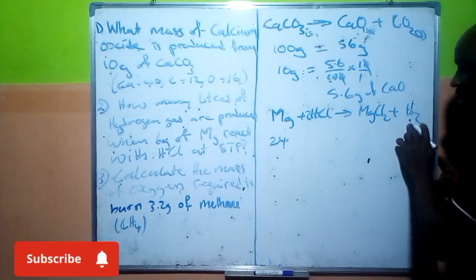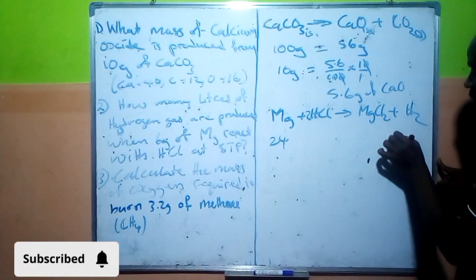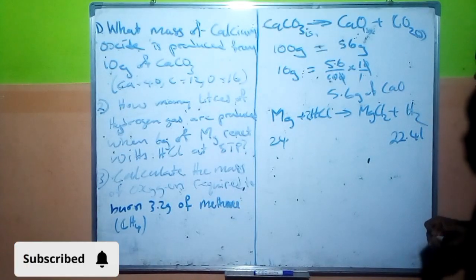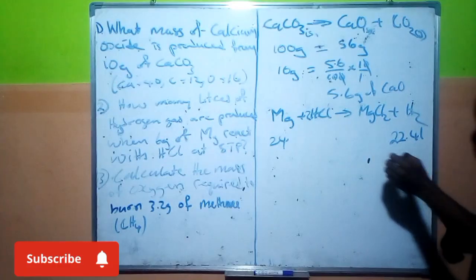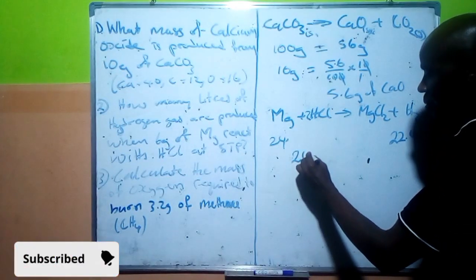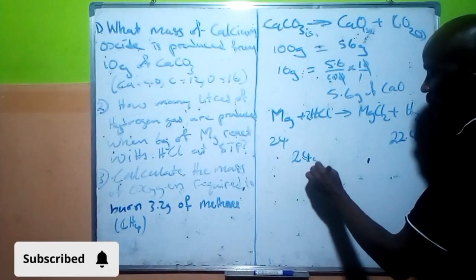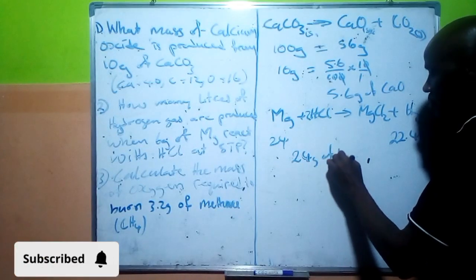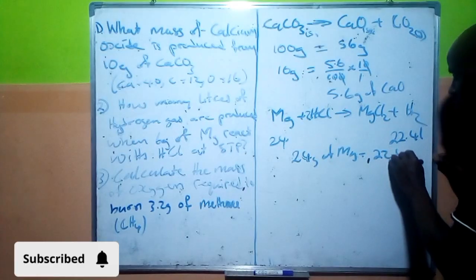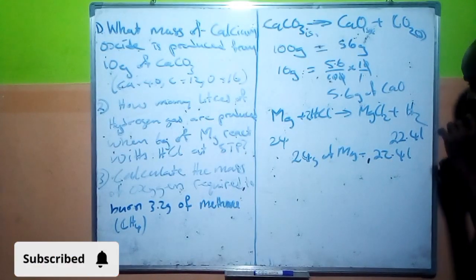We're looking for hydrogen. The molar volume of hydrogen is 22.4 liters. So if we react 24 grams of magnesium, we will get 22.4 liters of hydrogen.